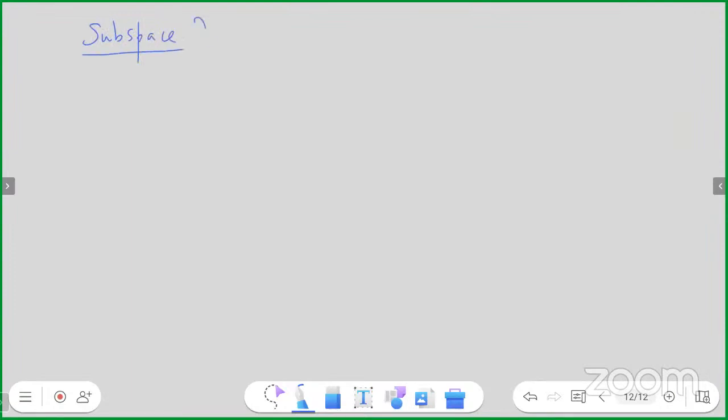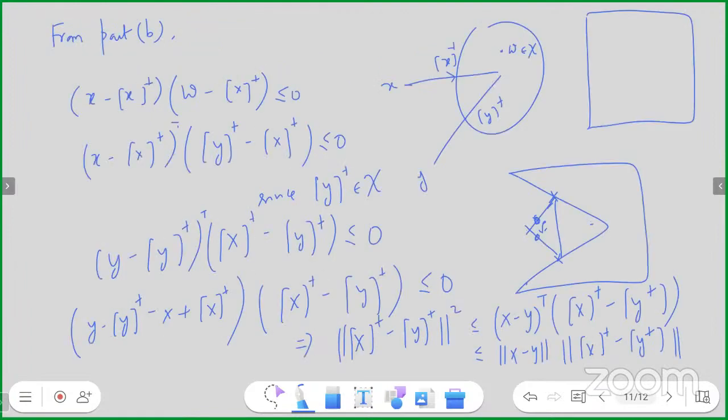So let's say the subspace is X. If x belongs to X, then lambda x belongs to it. Okay, what else? x plus y belongs to X. That's all I wanted to prove.